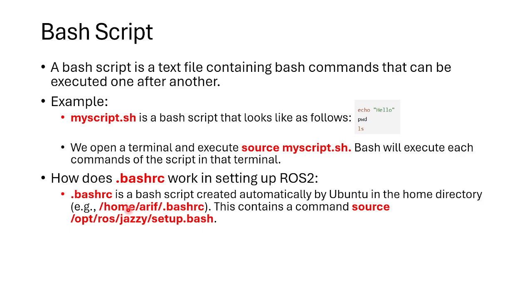Since this .bashrc has this, if we somehow source it, like we did for the previous example, source myscript.sh, if we write source .bashrc, it's going to execute all the single bash commands within that bash script.